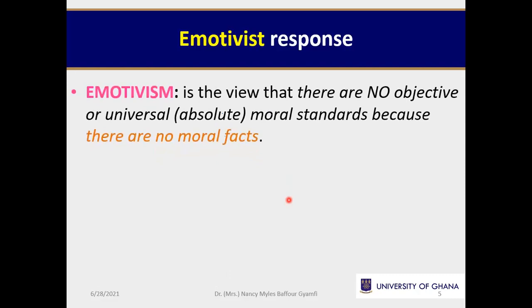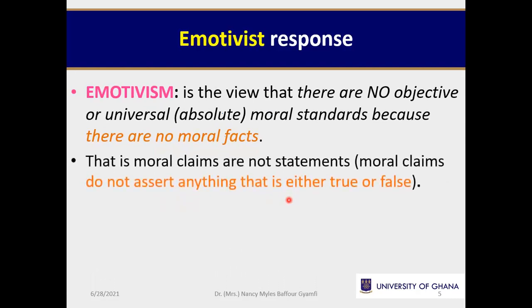What does the emotivist say? The emotivist argument is that there are no objective or universal moral standards because, so there comes the because. If you can see the screen, what is their reason for rejecting absolute or universal moral standards? It's simply this, that there are no moral facts.